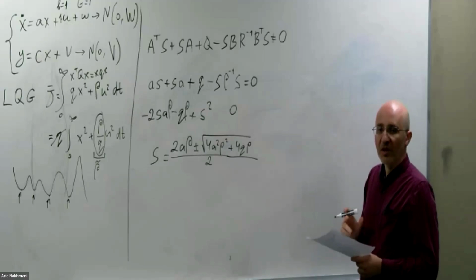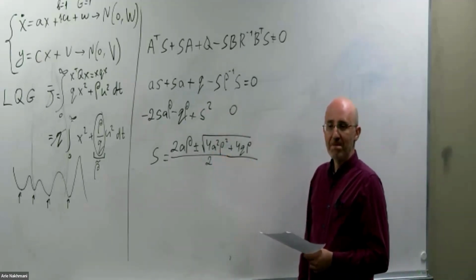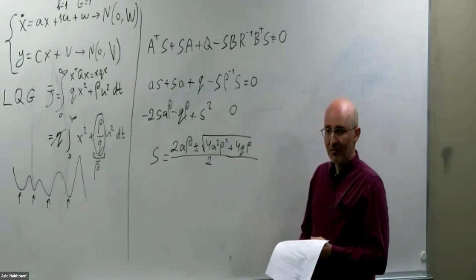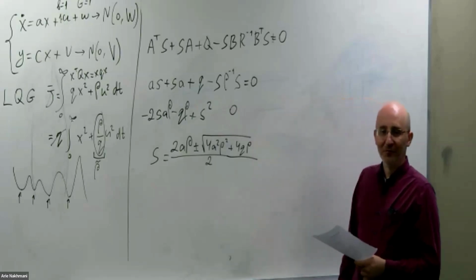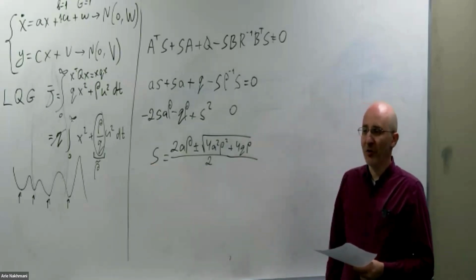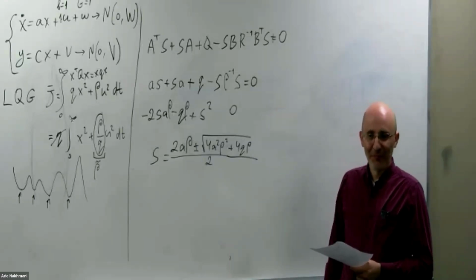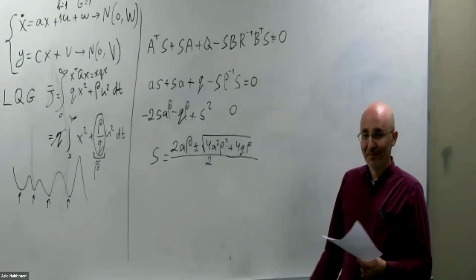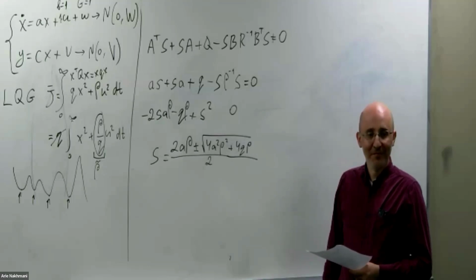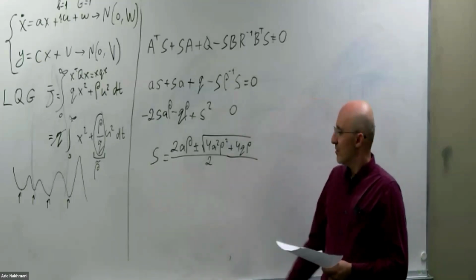Do I need to choose plus or minus here? Or both? What is the condition on S for LQR to be nicely behaving? So what needs to be the S? You have two options, right?